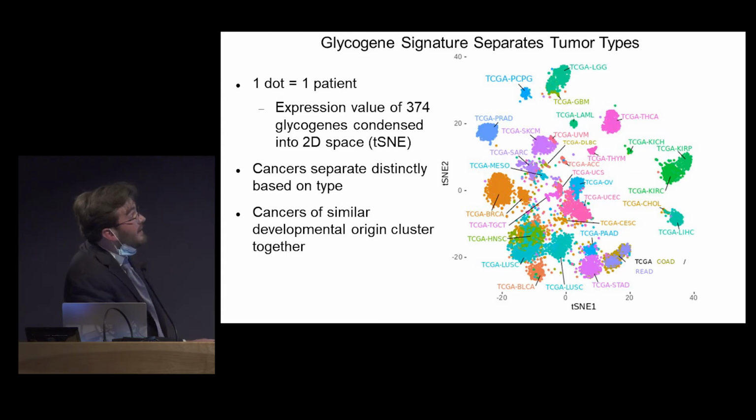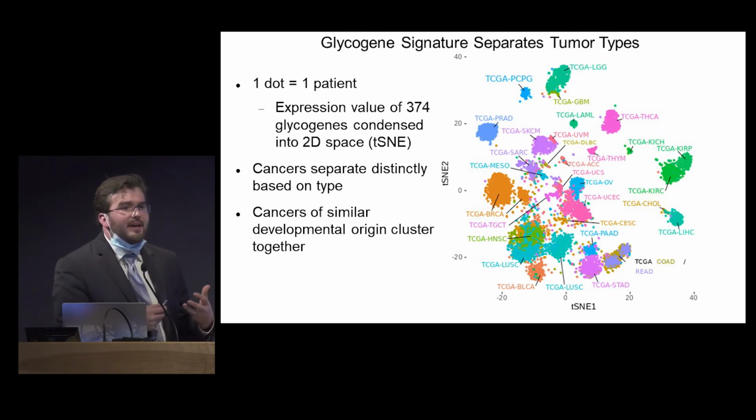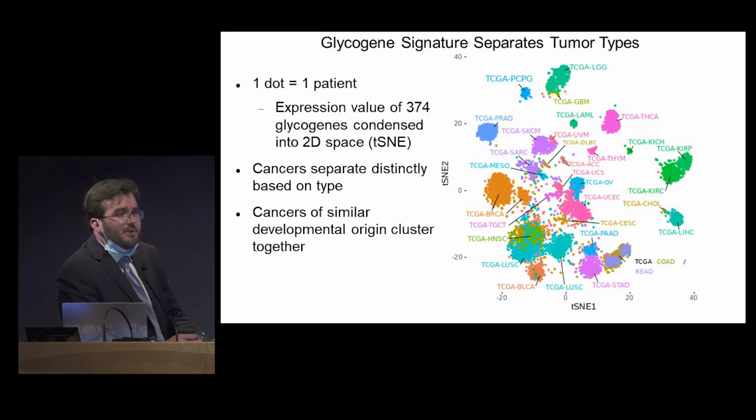So clearly, there are different clusters for different cancer types, which means that glycosylation signatures are distinct for each cancer type, which means you should expect different glycans to be present in each cancer type. And interestingly, if you look at how different cancer types are related to one another, mainly if you look at tissues of similar developmental origin, they tend to cluster together as well.